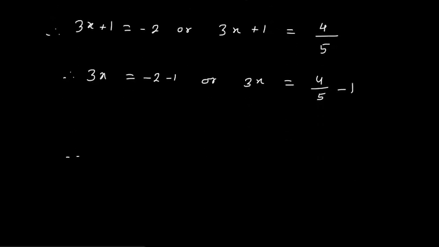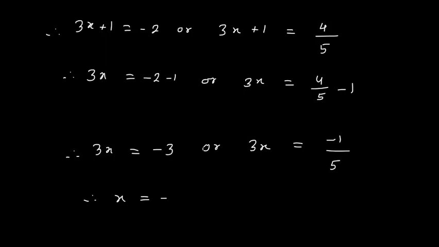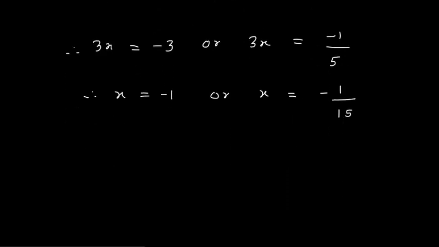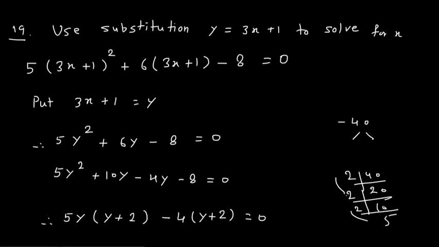So 3x equals minus 3, or 3x equals 4 minus 5, that is minus 1 upon 5. This gives x equals minus 1, or x equals minus 1 upon 3 times 5, that is 15. So we have x equals minus 1 or x equals minus 1 upon 15.